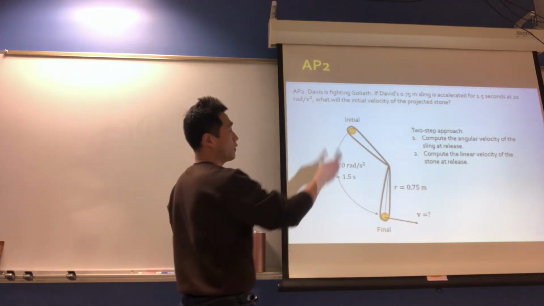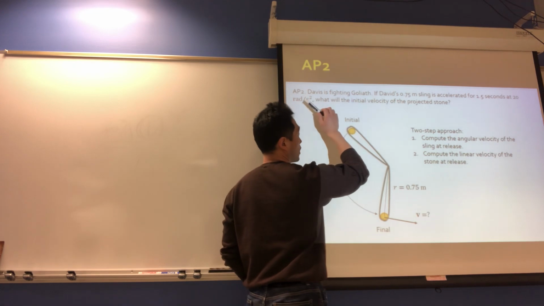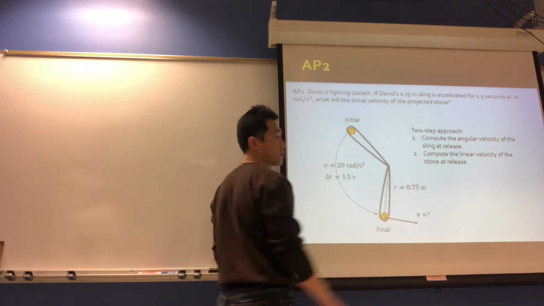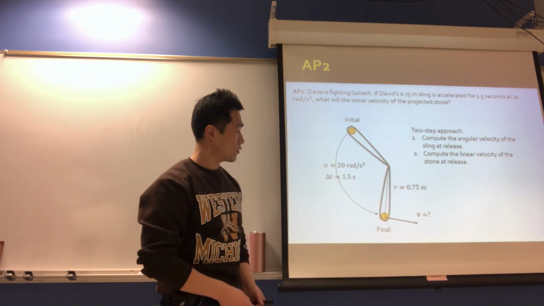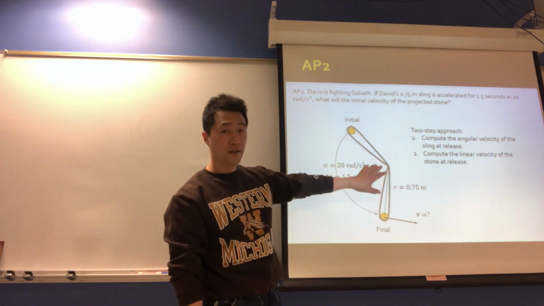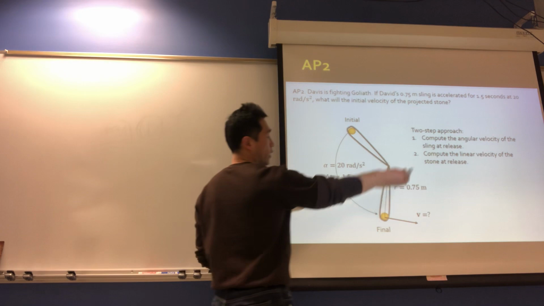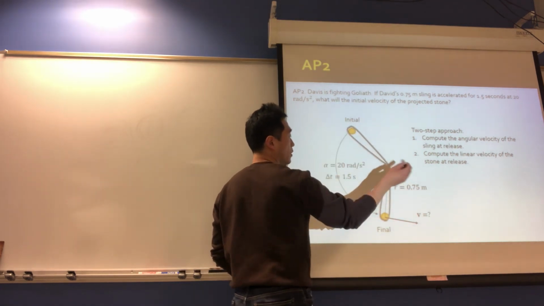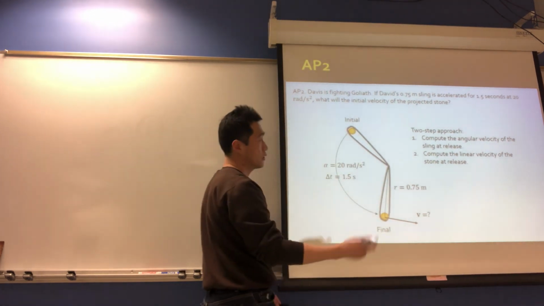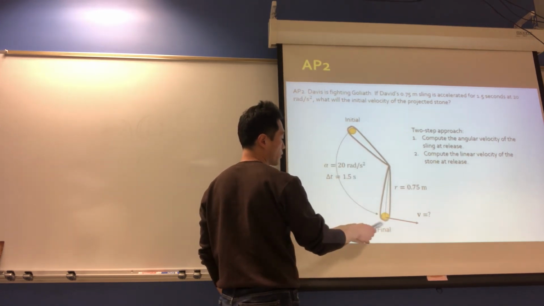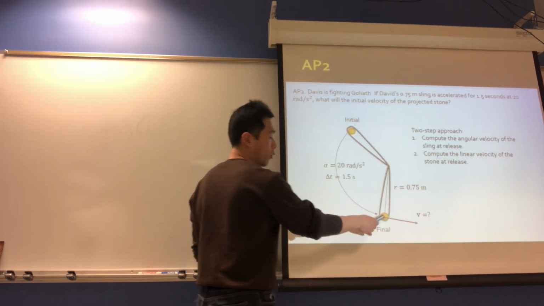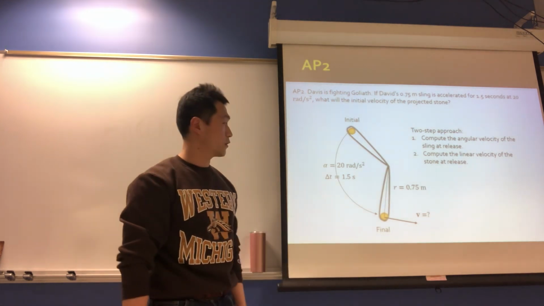Initial velocity means this is actually the tangential velocity when the stone was released from the sling. I can visualize the sling here. If the sling is rotating about this point, which means this was the actual rotation, stone here, then initial position, and then final position. This is the time when the stone was released from the sling.